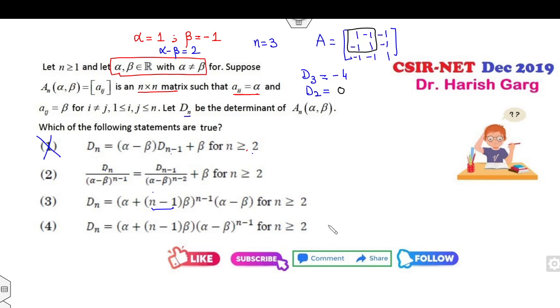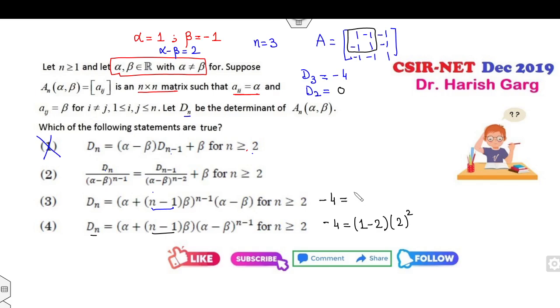So if I start from the last case, this is D3. D3 is minus 4. Alpha is 1, n is 3. 3 minus 1, 2. 2 times beta is minus 2. Alpha minus beta is 2. 3 minus 1. So is it satisfied? Yes, it's satisfied.